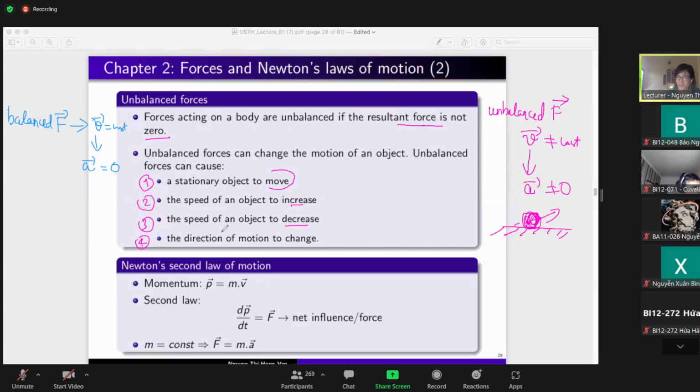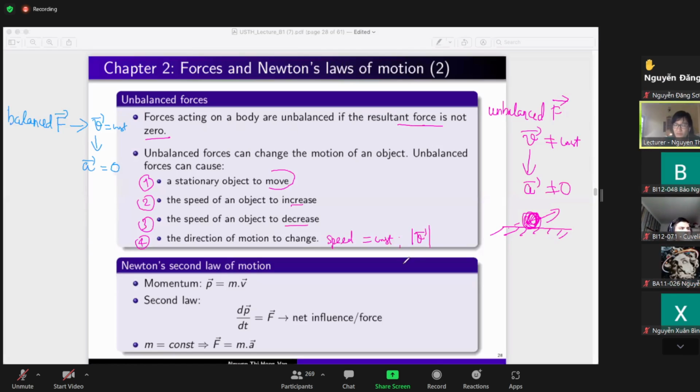In this case, remember, speed doesn't change. So it means that the absolute value, the magnitude of the velocity, is constant, but the direction changes.